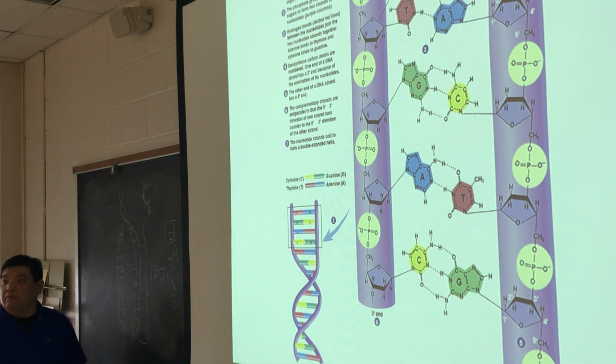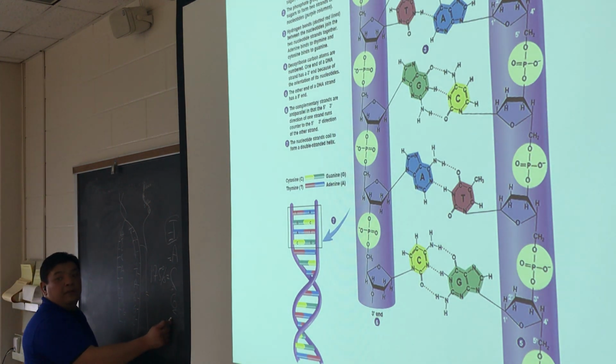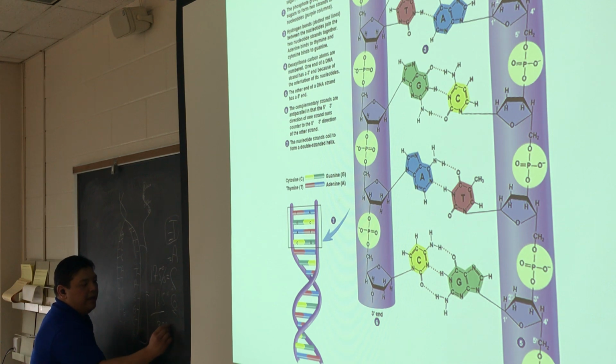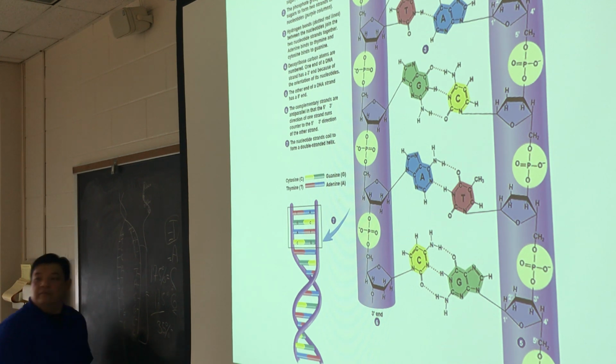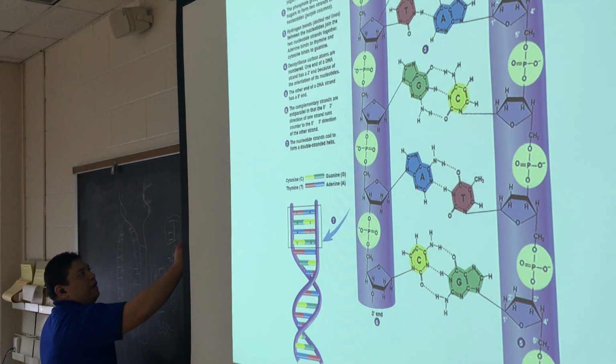How can we tell? Well, the cytosine and the guanine are found in equal amounts, 17.5%. All right, between those two, we have 35% of our DNA. That means these other two make up the other 65%.